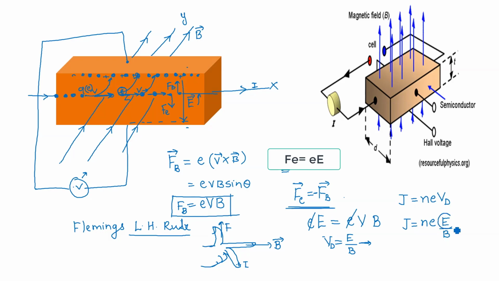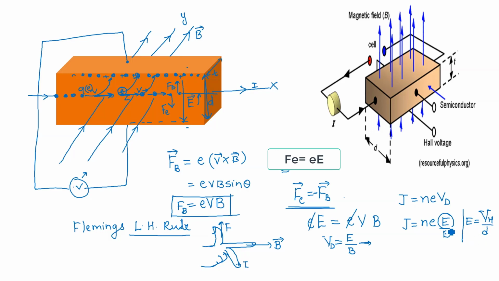Again, you see, this electric field we can also find by the relation: potential difference across these two surfaces divided by the distance between them. If I consider this distance as d and the thickness of the material as t, then for the electric field E I can write the Hall potential, or Hall voltage, V_H divided by d.